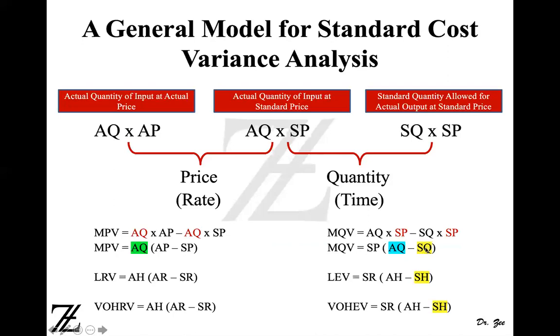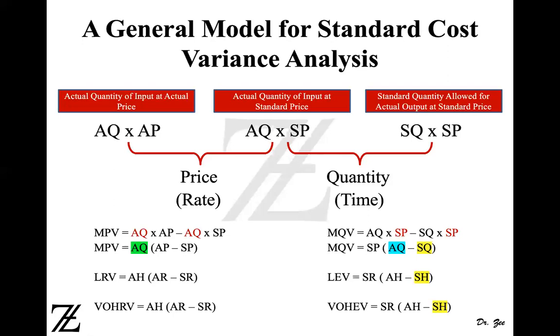This SQ means standard quantity allowed. Standard quantity allowed is standard quantity of input at actual output, right? So two things play a role here. How much material you budgeted to use per unit of output, times how many actual units you produced, right?